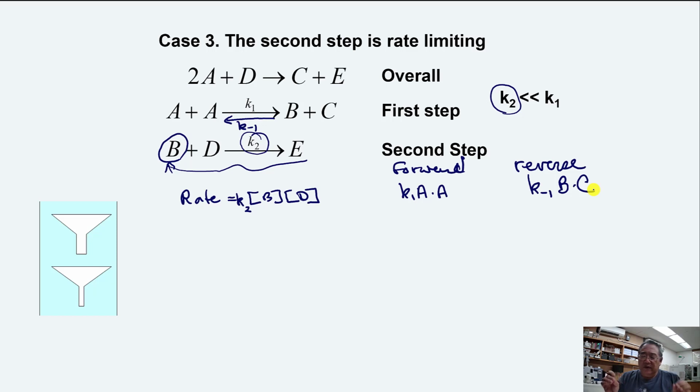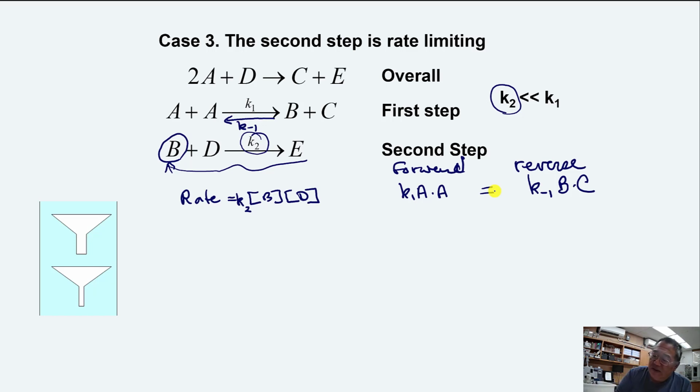So there's a forward rate of reaction and a reverse rate of reaction. When the reverse rate builds up to be fast enough, the forward and reverse rates will become equal to each other. In other words, at equilibrium, these two will be the same.